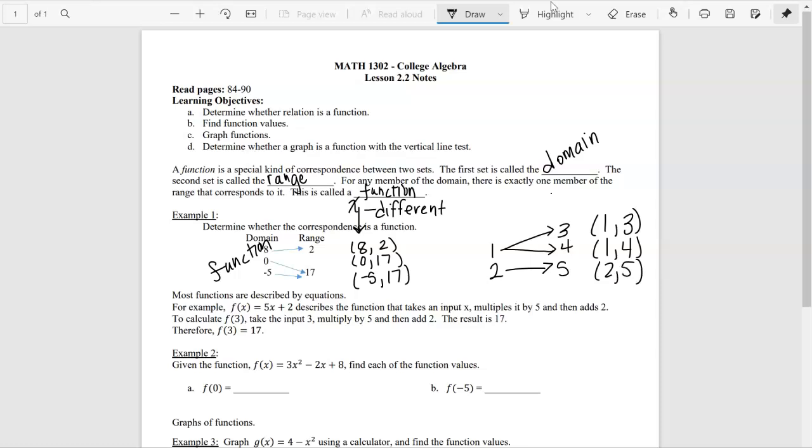And we would look in this column and ask ourselves, are all the x's different? Well, no, because we've got two that are the same. We don't care about the y's in this definition, but the x's all have to be different. So this is not a function.